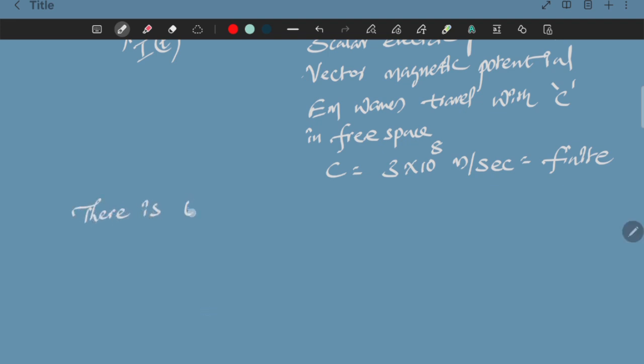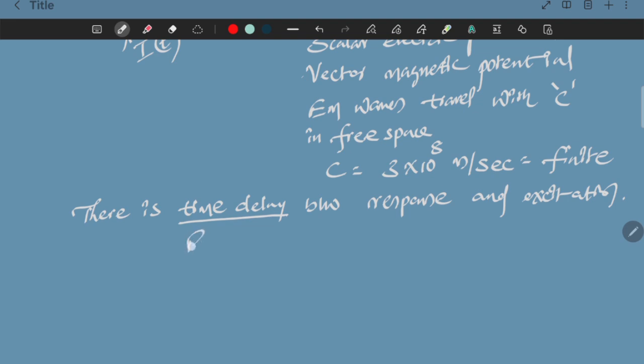There is a time delay between response and excitation. Okay, so instantly we cannot get the fields at the observation point. There is a time delay. That itself is retardation.